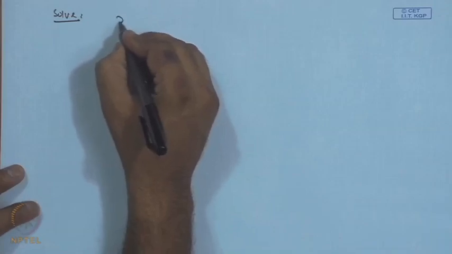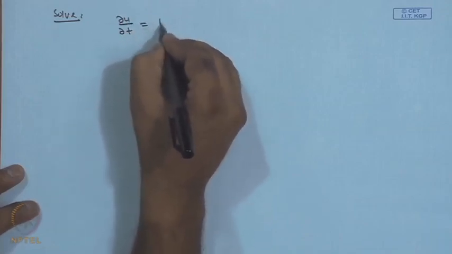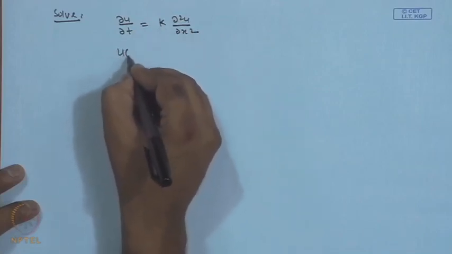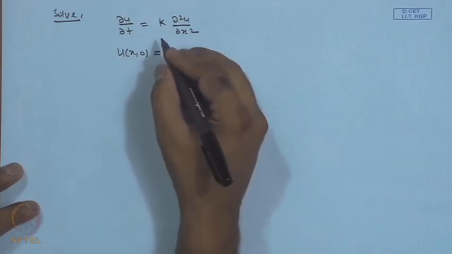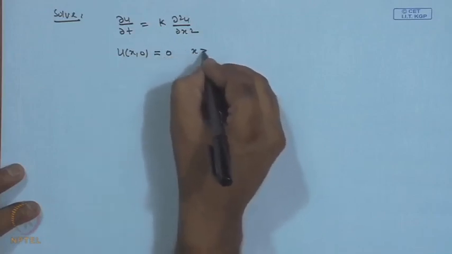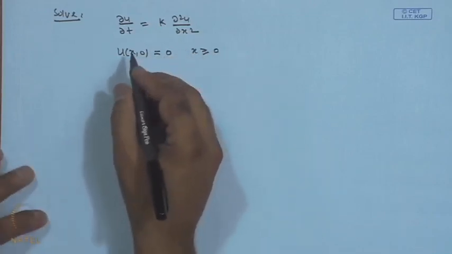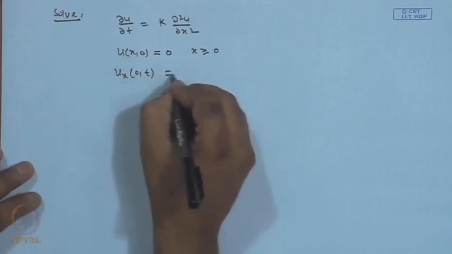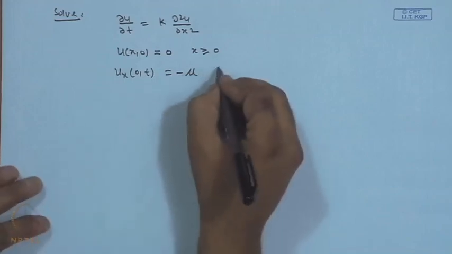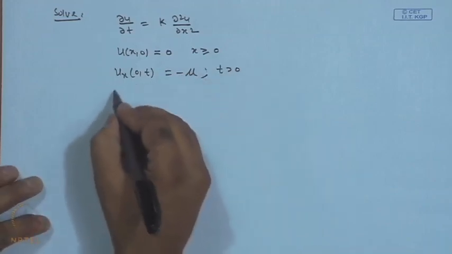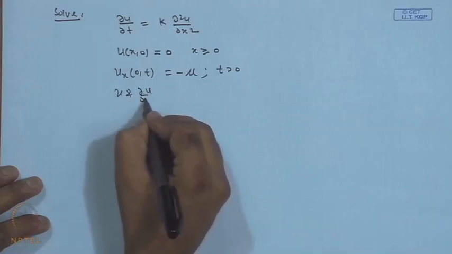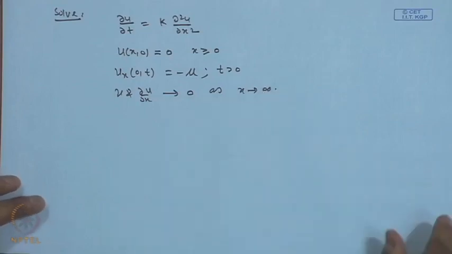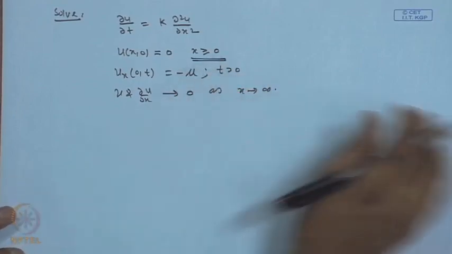So, next problem: solve del u over del t equals k del 2 u over del x square, subject to the conditions u of x, 0 is 0 for x greater than or equal to 0, and we have u x, the first derivative at 0, t is minus mu, that is given for t positive, and u and del u over del x both go to 0 as x goes to infinity. So, we have again the half range.